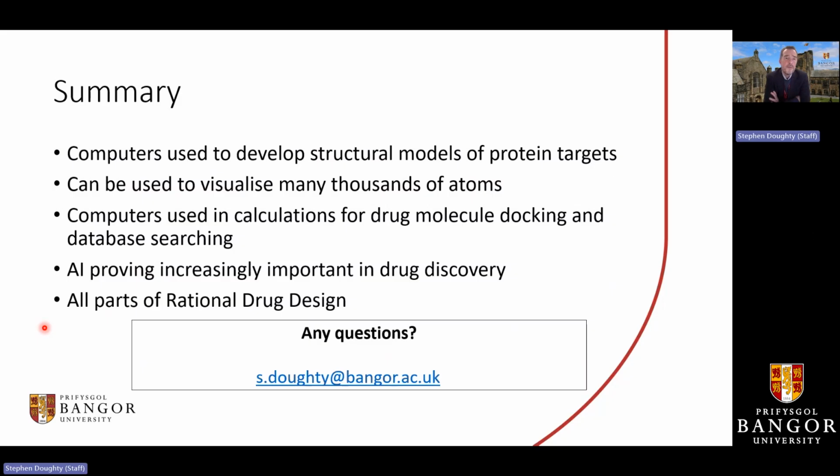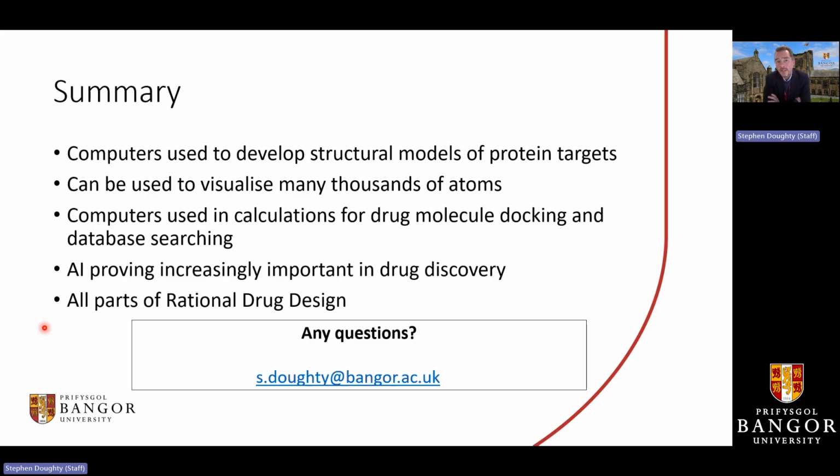Okay, so hopefully in the last half an hour or so, what I've done is give you a little bit of a glimpse as to how computers can be used in drug discovery, about how I've used them in my own research for that. Computers certainly have been and continue to be used in rationalizing the drug design process.